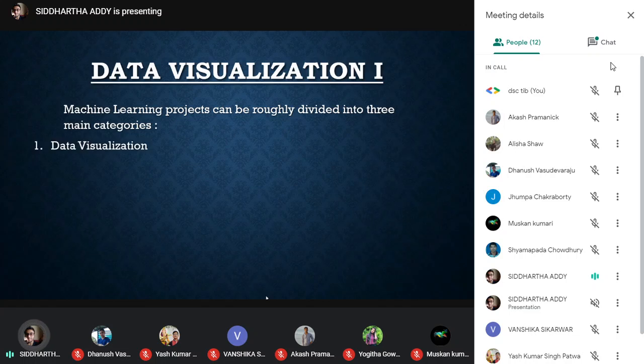So what is the first step? That is data visualization. The first step in a machine learning project is data visualization. Next is data pre-processing. And the third one is machine learning algorithms.